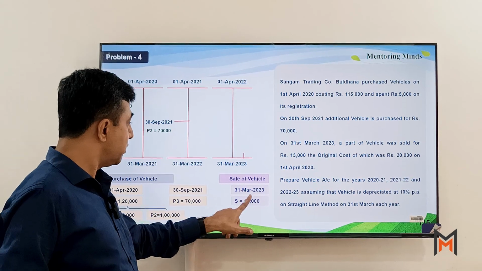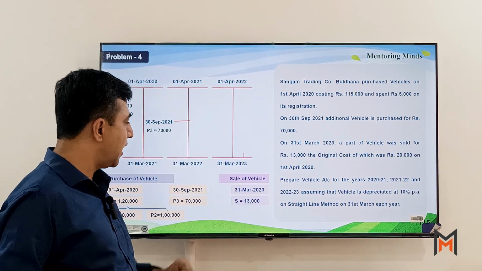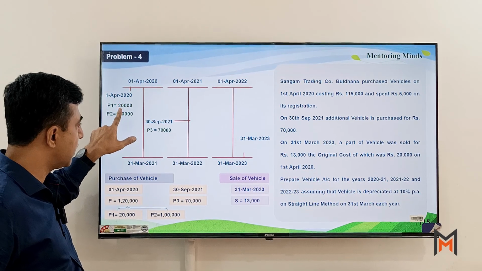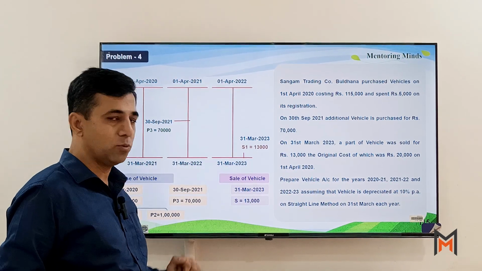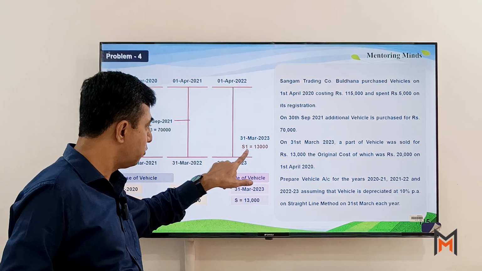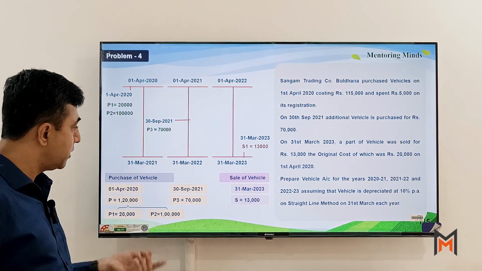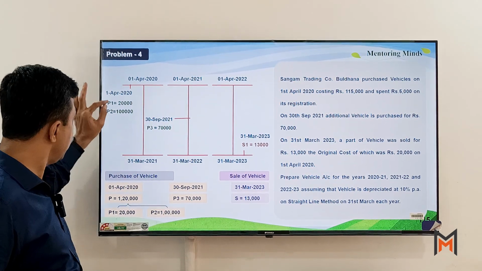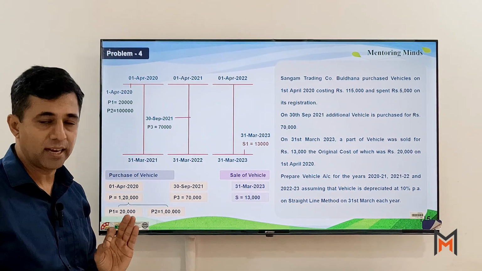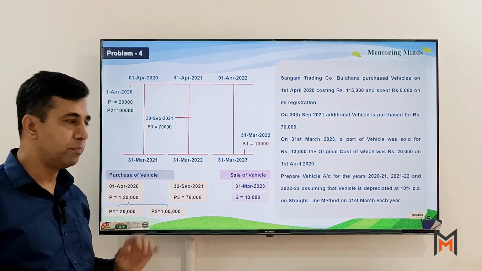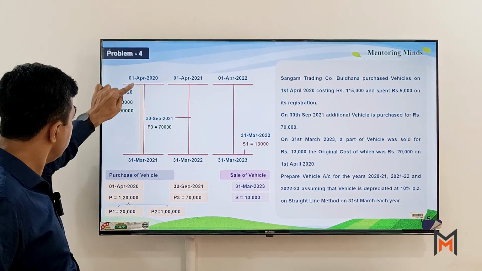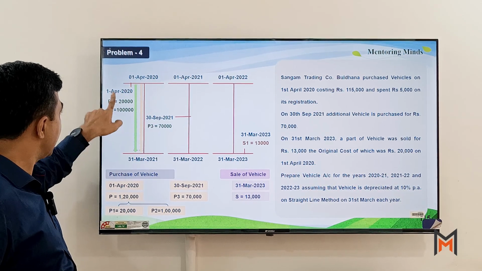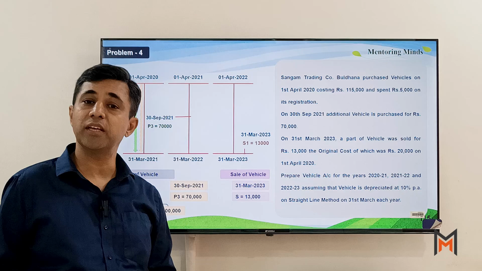On 31st March 2023, that is last date of the year, we are selling this 20,000 का asset for 13,000. So that's why it is sale of first asset. Are we purchasing another asset on the same date? No. So basically we are having three in short asset, P1, P2, P3. In the first year we are utilizing both the asset for 12 months as 1st April से 31st March होते हैं 12 महीने.